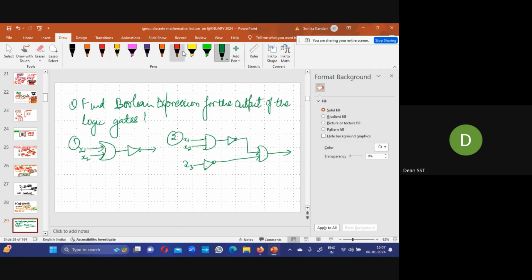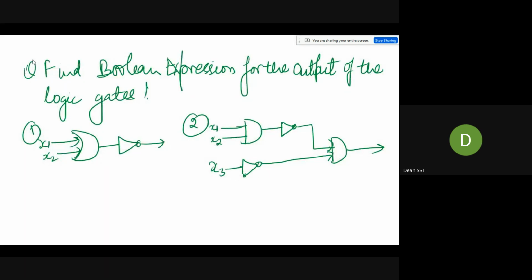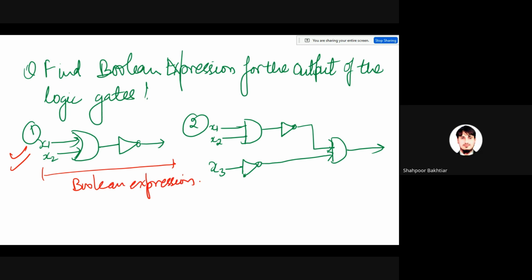And now I am giving you two questions. See here. Is the screen visible? Yes, ma'am. Okay. Just try the first part. How can you represent it in the form of a Boolean expression? The first one is x1 and x2 negation or bar. This is the first gate, this is the second gate.